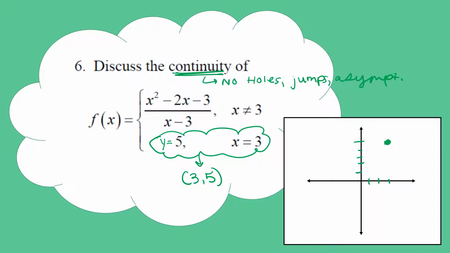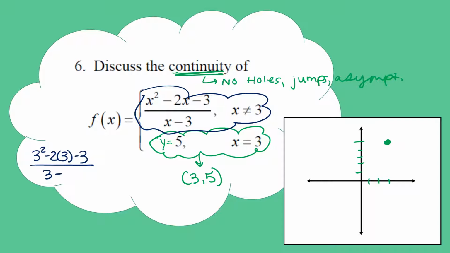All right, now let's get into this top part. If I were to plug in 3 into this equation, we're going to end up getting 0 over 0. Whenever we see 0 over 0, that means we need to factor. So we're going to go ahead and factor out this top part.